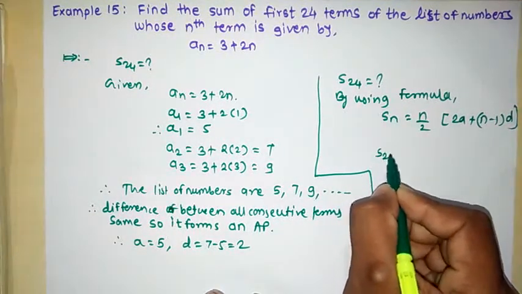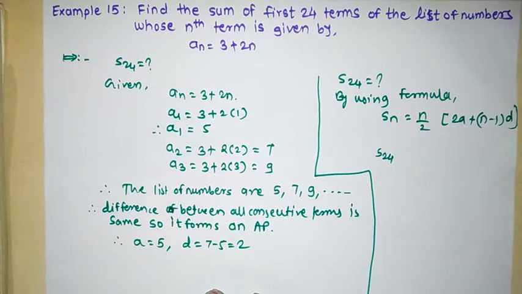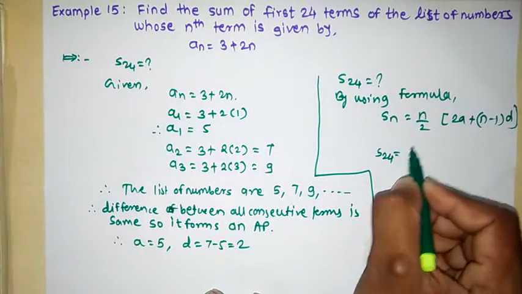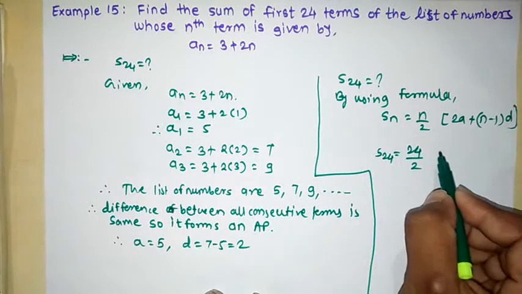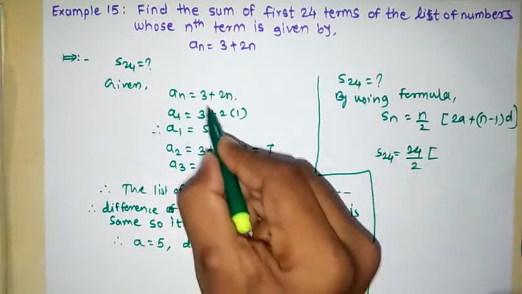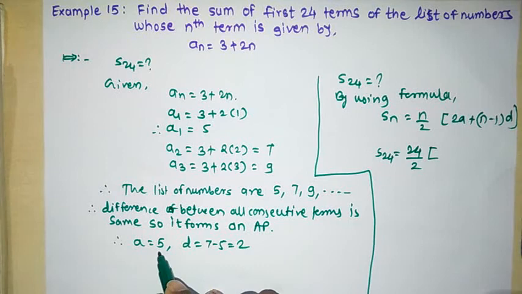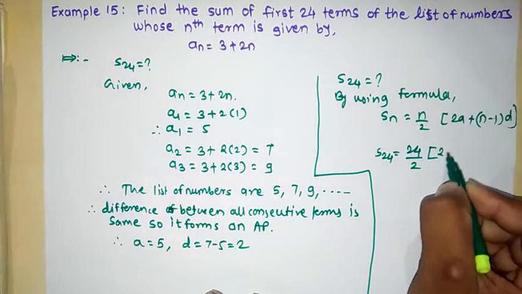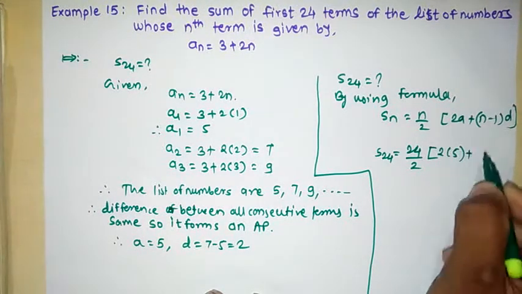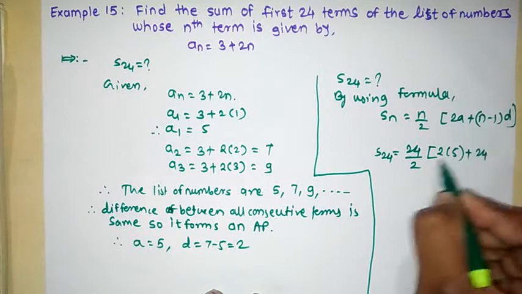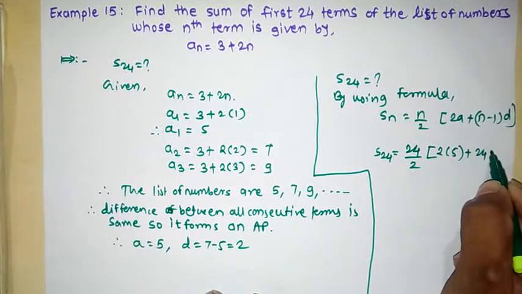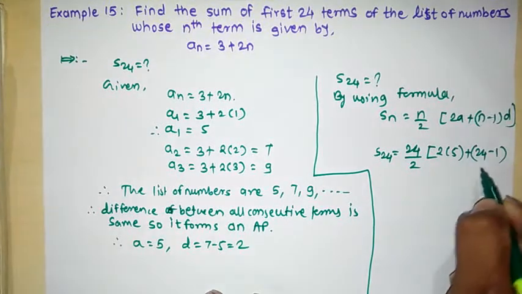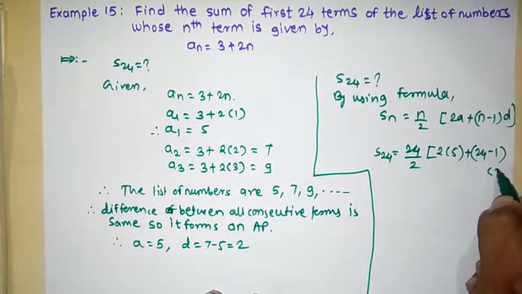S24 we have to find. Instead of Sn we write S24, the sum of the first 24 terms. Therefore instead of n we write 24 divided by 2, into 2 into a. A is 5, so 2 into 5, plus n is 24 because we are finding the sum of 24 terms, (24 minus 1) into d. D we got 2. Put d is equal to 2.